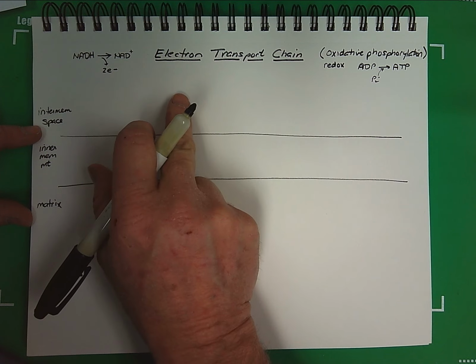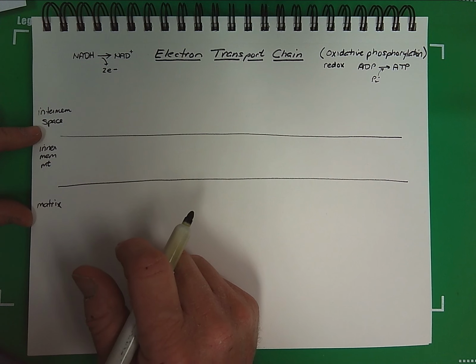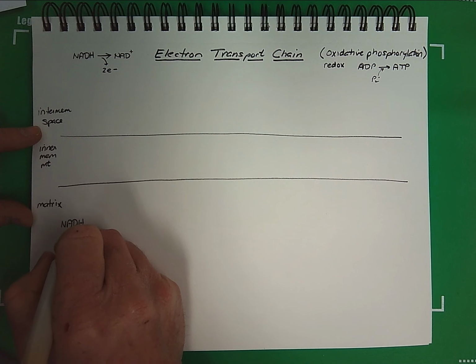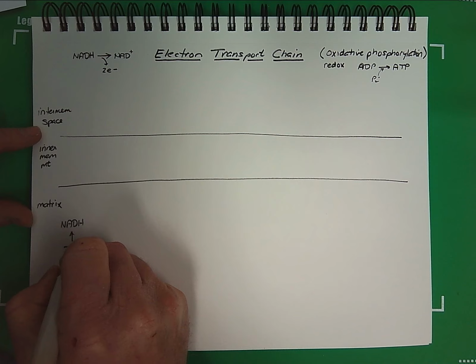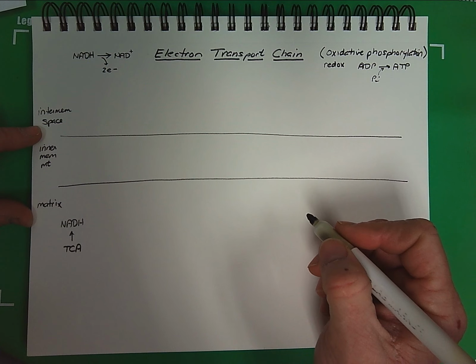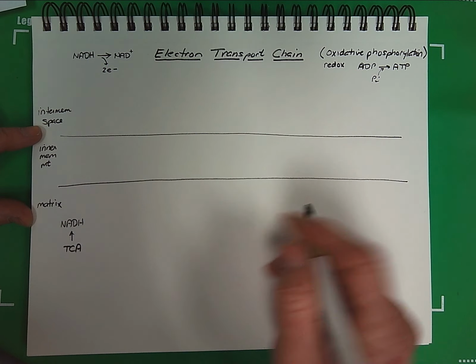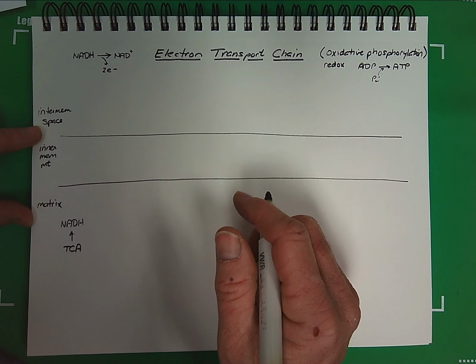So the first chemical process of the electron transport chain is going to be taking the NADH that we generated from the TCA cycle reactions, and we are going to perform an oxidative reaction to extract the electrons that are being held on NADH.